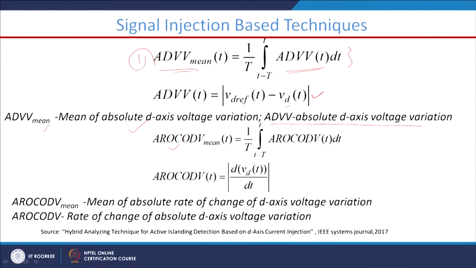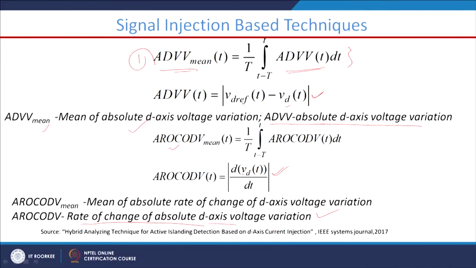Another parameter we are calculating directly from the Vd voltage, the D axis voltage, is AROCODV, which stands for absolute rate of change of D axis voltage variation. We will take the dv(t) by dt. If you see this equation, what is that?